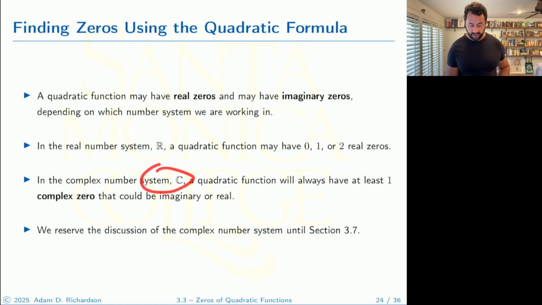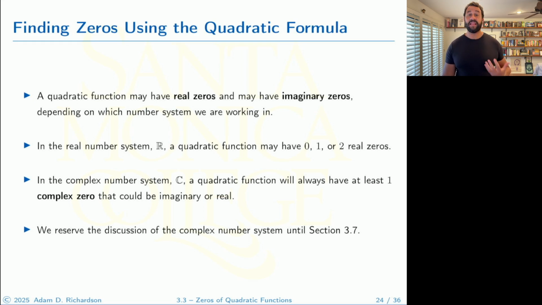Now, if we're working in the complex number system, then a quadratic function will always have at least one complex zero. And it could be imaginary or it could be real. So this is another situation where the complex number system is a little more robust. It picks up a little more information than the real number system does.